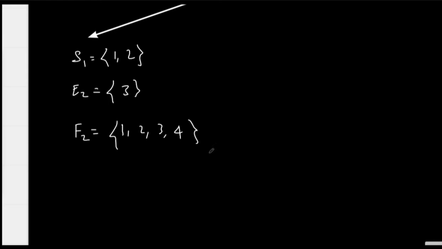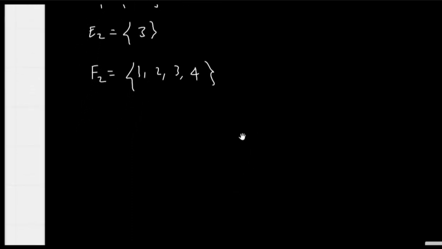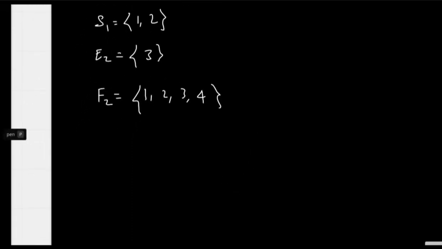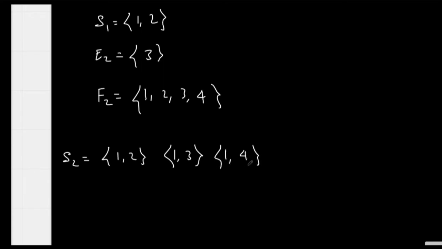S2 can be chosen as 1, 2, or similarly 1, 3, and 1, 4. That is the sample space: 1, 2, 1, 3, 1, 4. You have to go ahead.